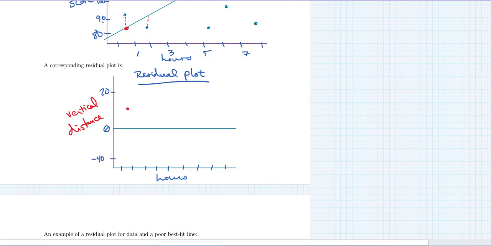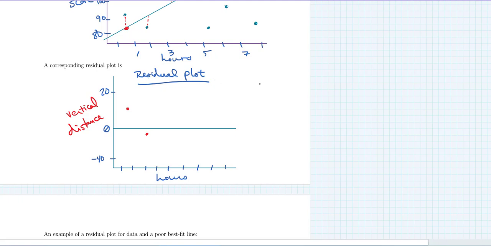This point is a 90, and this is about 82, so let's say it's about negative 8. So this point will be below the zero line. That's an example of how you would graph these points. A corresponding residual plot looks like this, where the explanatory axis, or horizontal axis, is the same as this one, and the vertical axis is different. It represents the vertical distance. This is our residual plot.